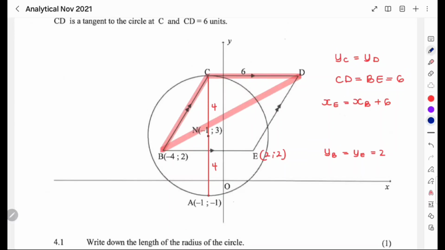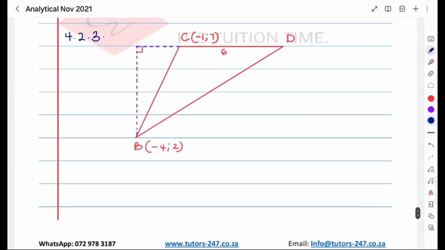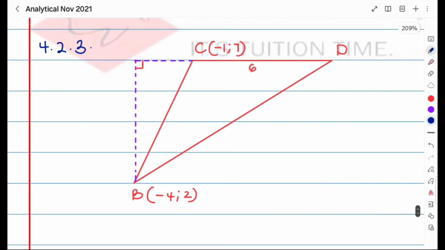If we want to determine the area of the triangle, we are going to need the base and the perpendicular height. So let us do a quick rough sketch of that triangle so that you can see the perpendicular height. The base is CD. The perpendicular height is this dotted purple line.